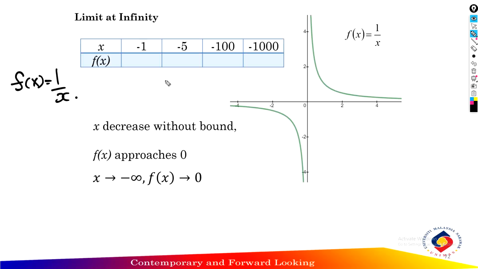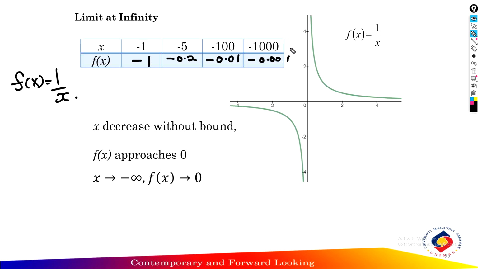The first value, -1, is substituted into the rational function, so f(x) equals -1. The second value, -5, gives -0.2. Negative 100 gives negative 0.01, and the last, negative 1000, gives negative 0.001.